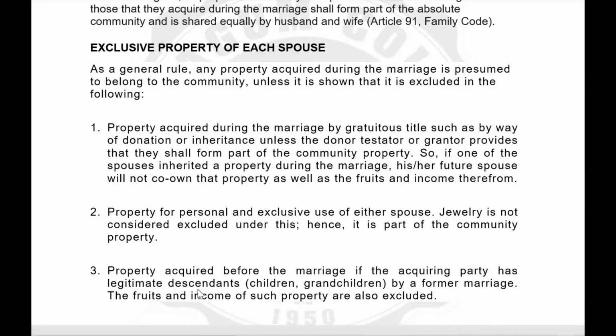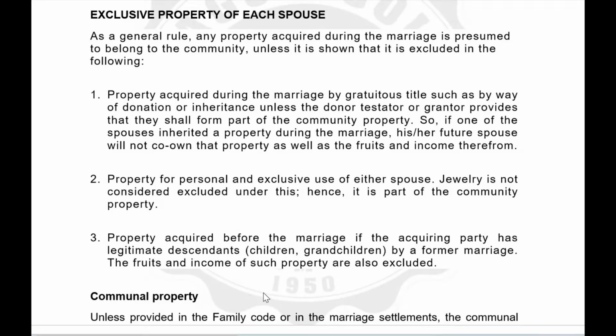Property acquired before the marriage, if the acquiring party has illegitimate descendants, children, grandchildren by a former marriage, the fruits and income of such property are also excluded. No? So, ito siya. So, if may property acquired ka before the marriage, kasi diba, all property na acquired mo before and during marriage shall be considered part of the community property. No? But if may previous marriage ka, no?